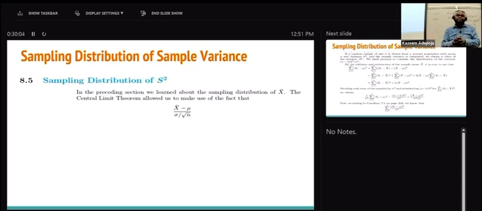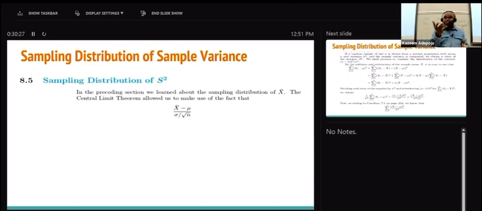Now, if my interest is not in the mean but in variability, then what you're going to find is the variance, right? Let's say you are 100 in this class. How many values of variance are you going to have? 100.